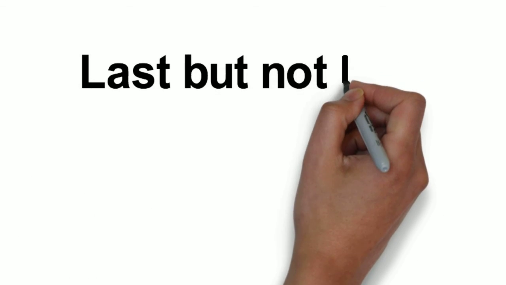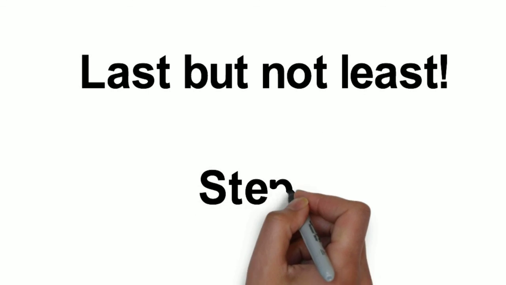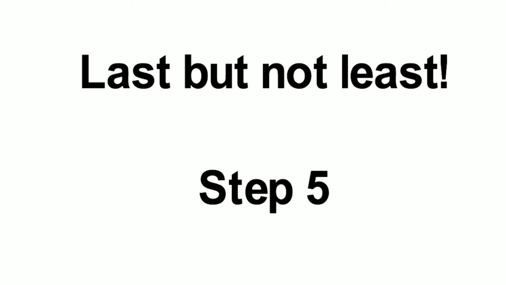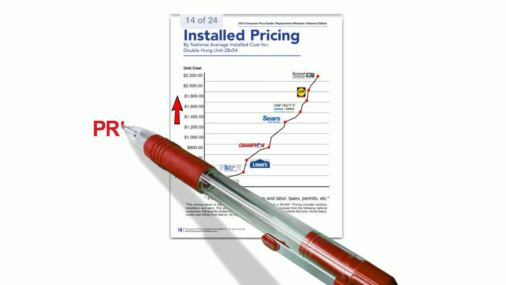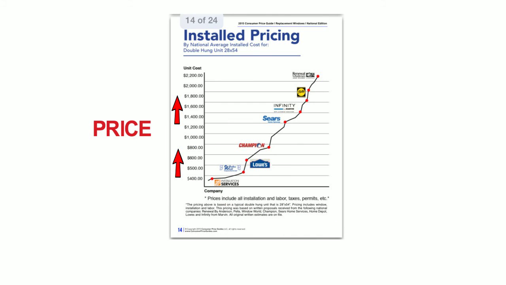Now, last but not least, step 5 is going to be to price condition or price impression. We're going to get specific as to the cost of these 8 national brands. We're starting out at the bottom with Home Depot, Window World, Lowe's, Champion, Sears, Infinity by Marvin, Pella, and Renewal by Andersen. And you can see the price goes up the left-hand side of the guide.